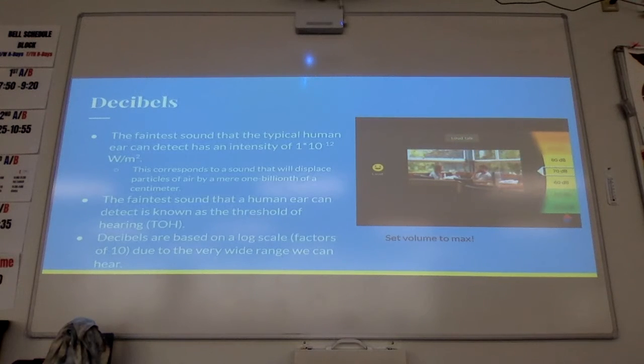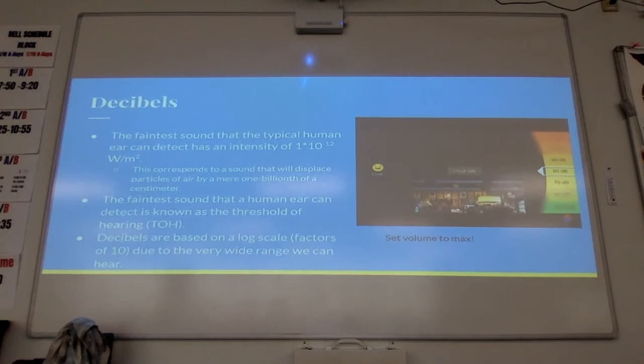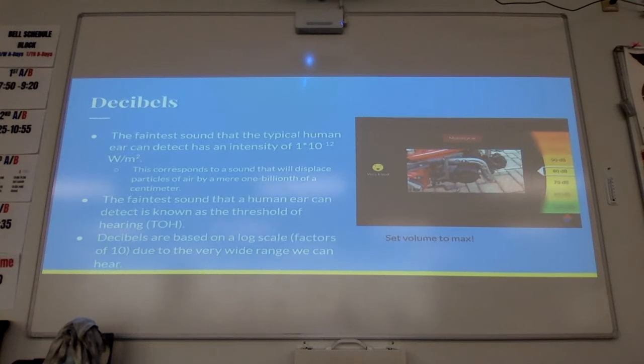So the cafeteria at lunchtime is about 70 decibels. Motorcycle is about 80, depending on the motorcycle.